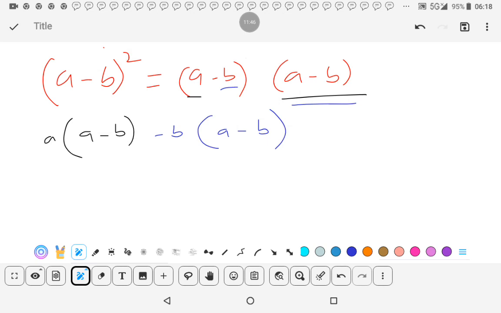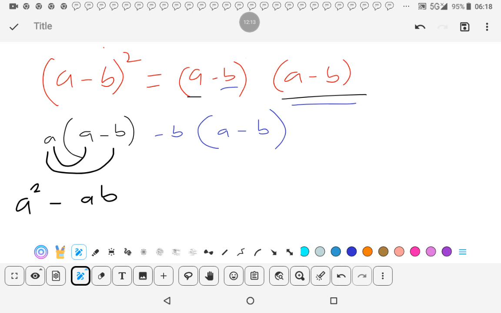So to expand this, a times a will definitely give you a squared, and a times minus b, you have to take note of the sign, it will give you minus ab.